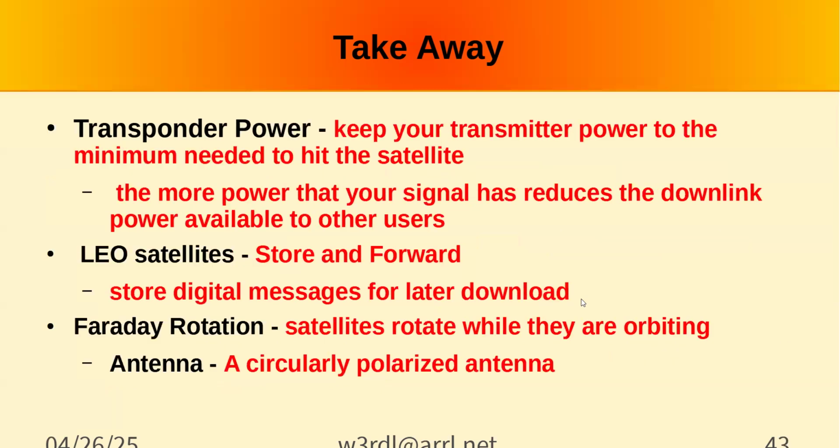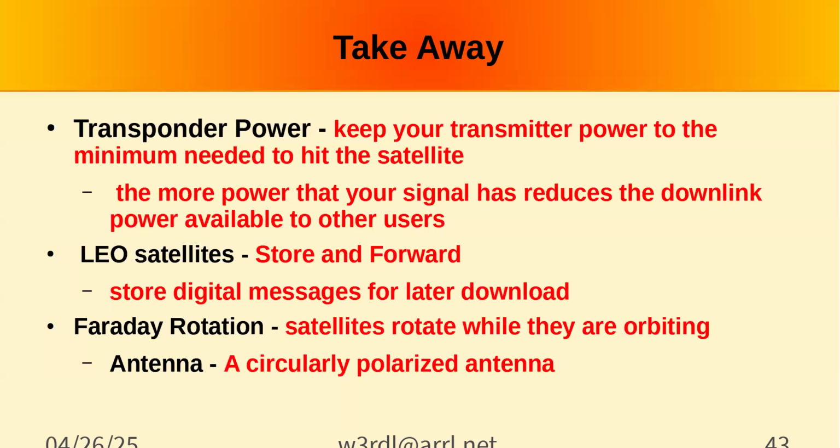Transponder power: because it's a linear amplifier, you need to limit your power to the minimum needed so that you play fair with other users. Most LEO satellites can do store and forward because their passes are so short.